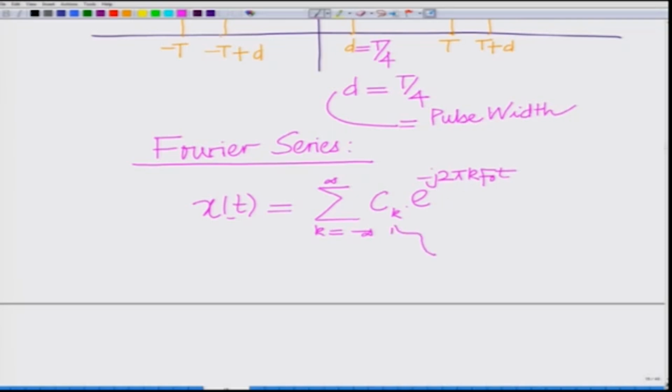This C_k is the kth Fourier coefficient.